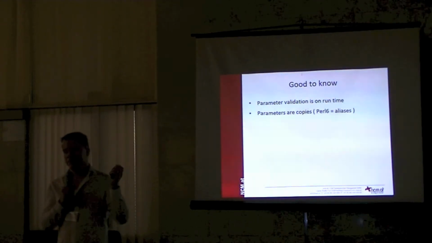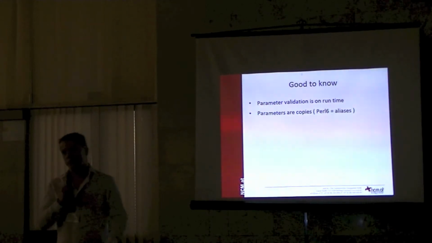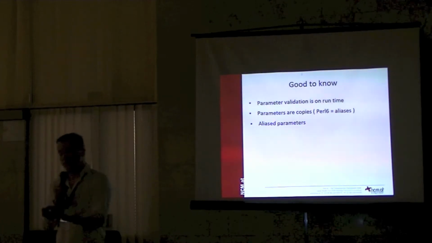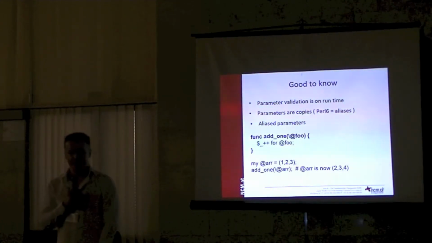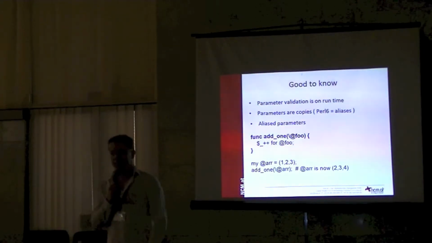In Perl 6, of course, it's different. In Perl 6, everything is an object or a pointer. But of course, you can pass a reference, and it gets even better. You can do stuff like this.